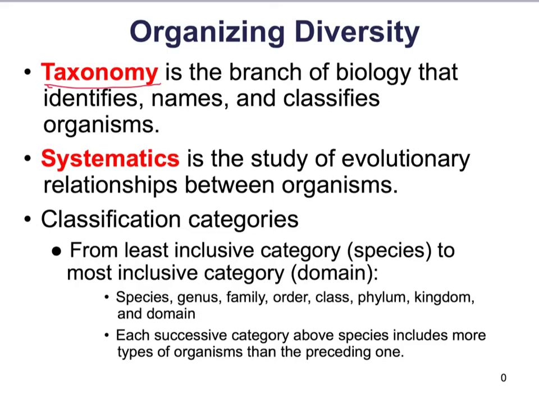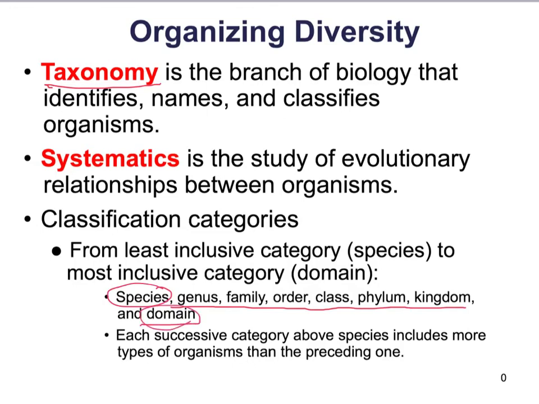And within this we have classification categories. It starts from the least inclusive and goes to the most inclusive category. So we start with species and then go to genus, family, order, class, phylum, kingdom, and domain.